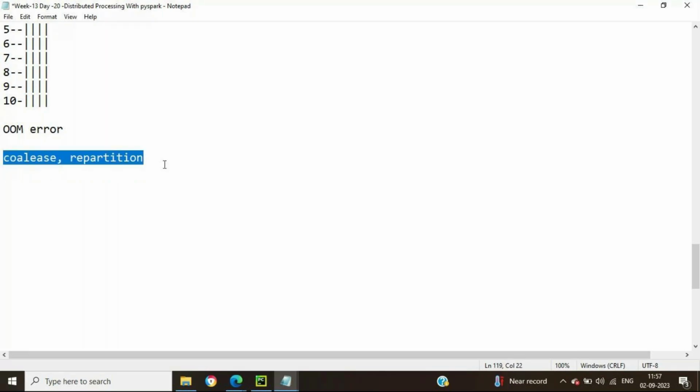Repartition and coalesce are used to increase or decrease the number of partitions. And we know df.repartition, and we just mention, say, 10 now. So that data frame will be converted into that many partitions. This is the syntax basically.